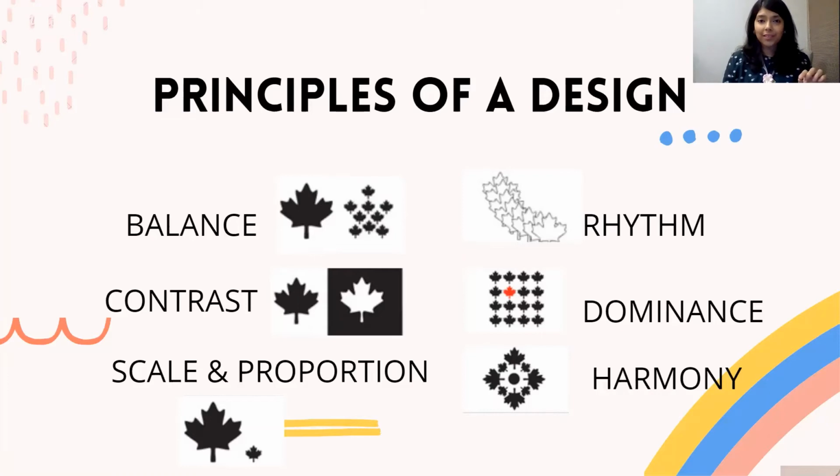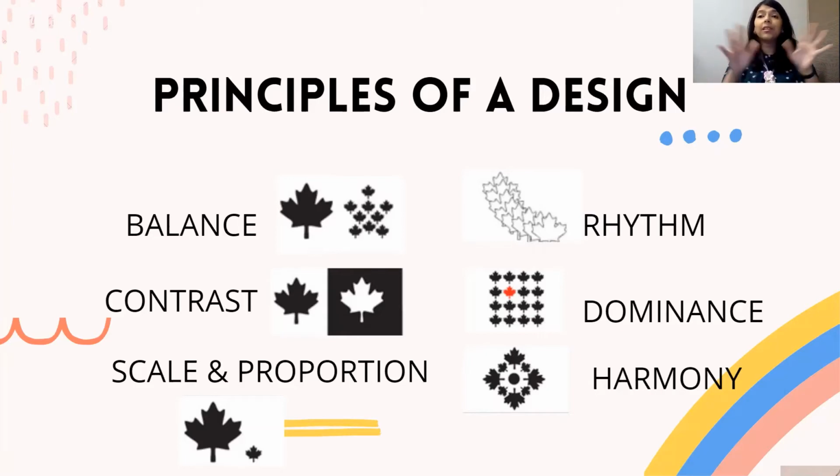Coming to contrast. What is contrast? The word says it, it's different. So you have contrasting textures, contrasting forms, contrasting colors. So you could use all the contrasting elements to create a wonderful composition that tells a story.